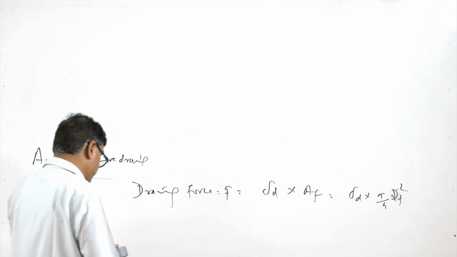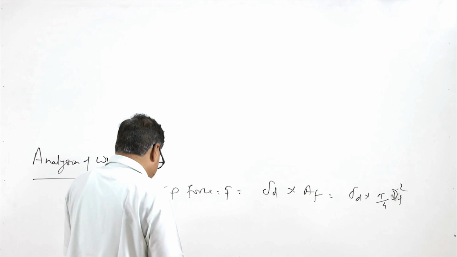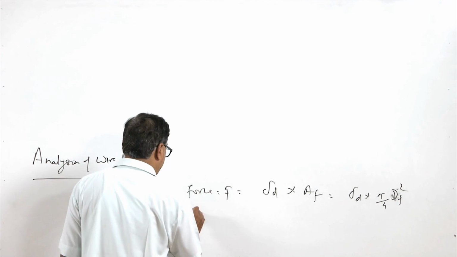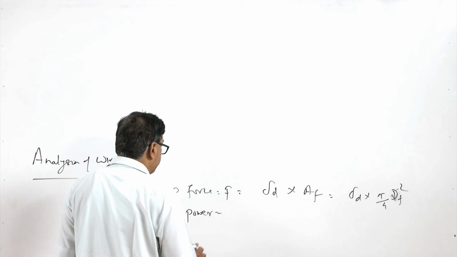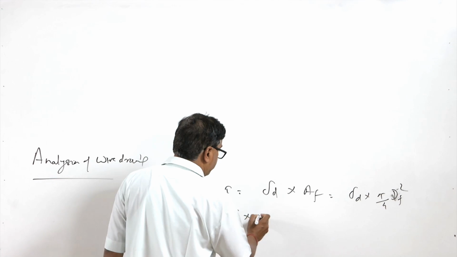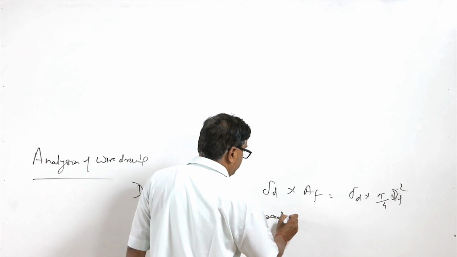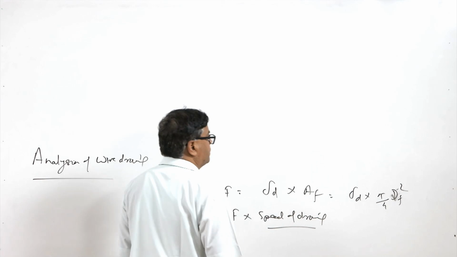So, this is how we can determine the drawing force, and to determine the power consumed in the drawing process, basically the force is multiplied by the speed of the drawing, the speed at which the metal is being drawn.